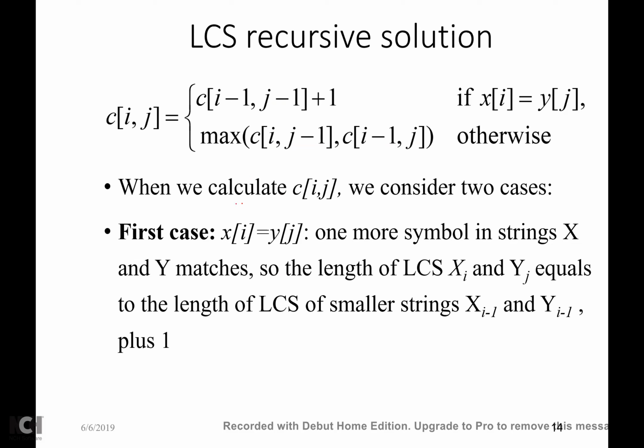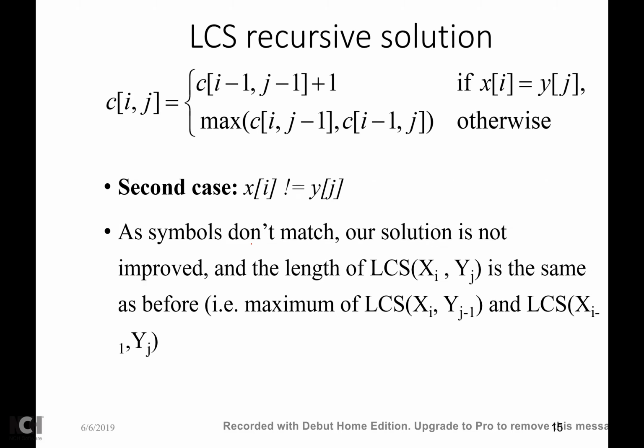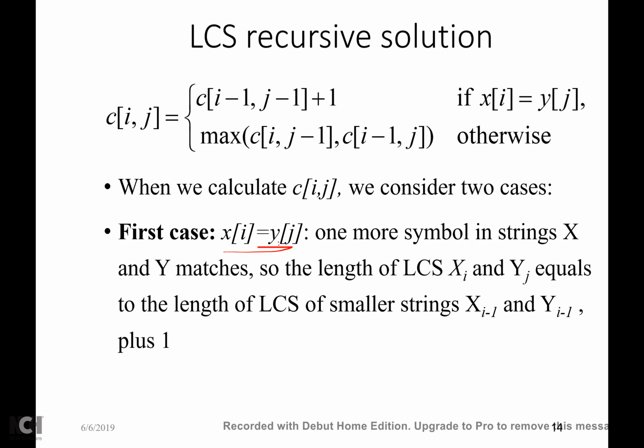And then after that, we start to calculate Cij. We consider 2 cases. In the first case, xi equal to yj. And the second one, xi is not equal to yj. If xi equal to yj, in that case, one more symbol in strings x and y matches.